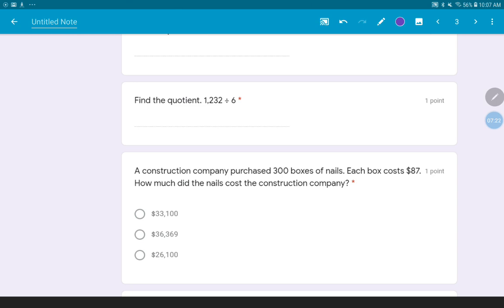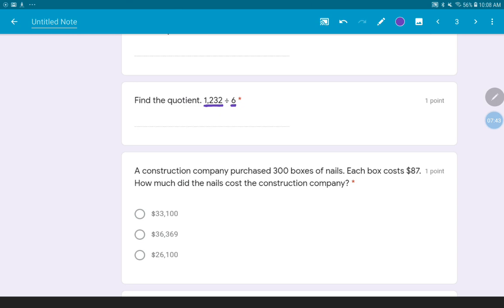1,232 divided by 6. This one was a little tricky. You had to do some thinking about what you know and reason with your numbers to figure it out. So how many things do we have? 1,232. Good. We have 1,232 things, and we're putting them in how many equal groups? 6.